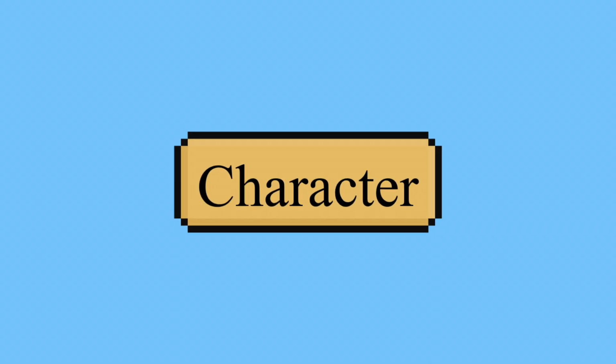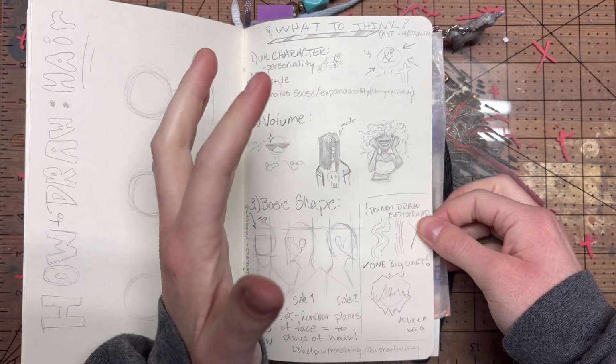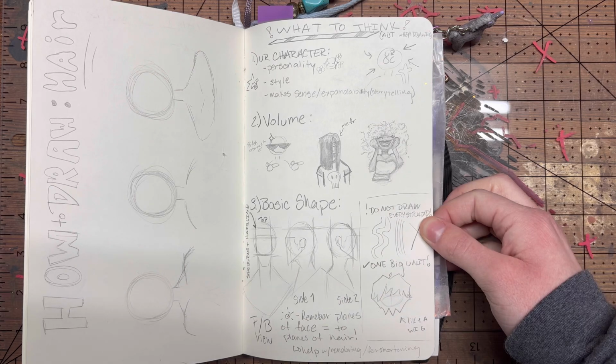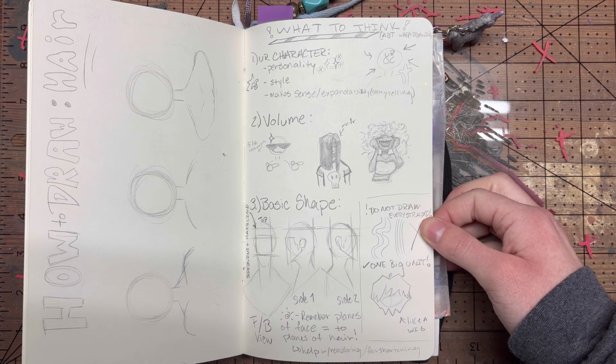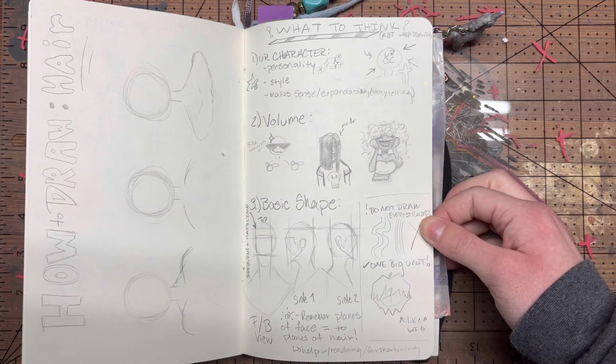So let's start first with character. Yes, you're drawing hair, but you're also drawing somebody who has hair. So you're drawing that hair, but whose hair is it? You want to think about your character and their personality, because sometimes you can use shapes to give that effect.